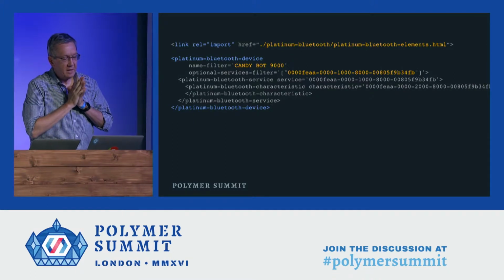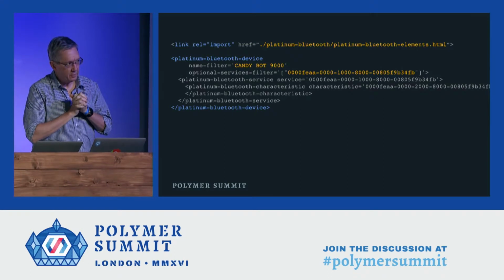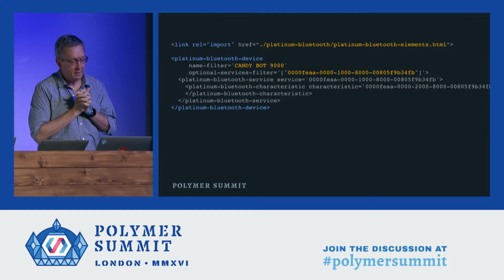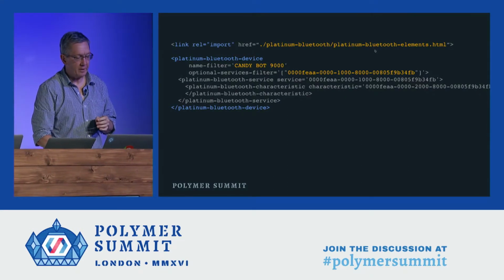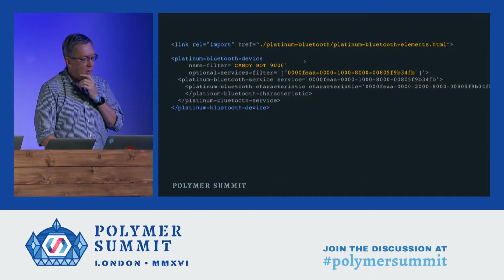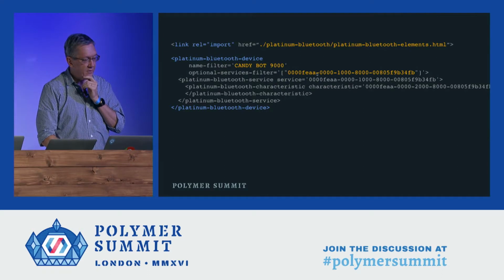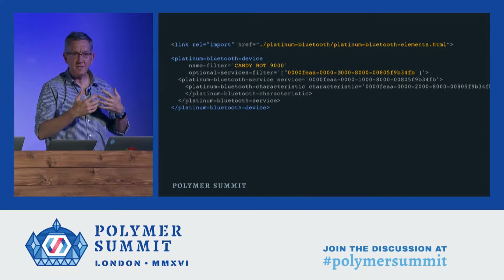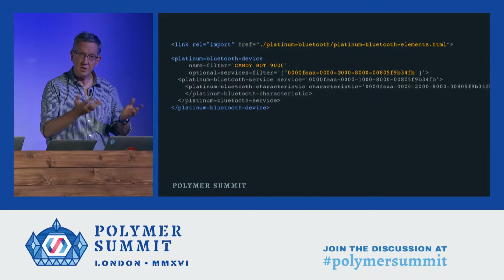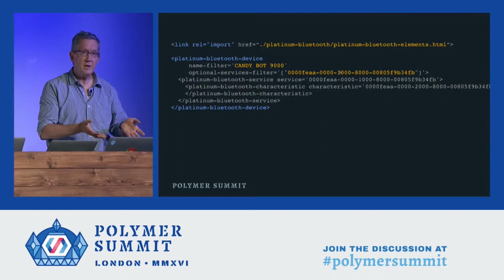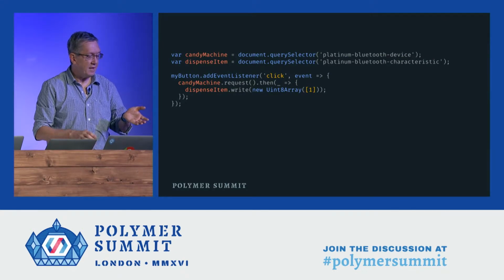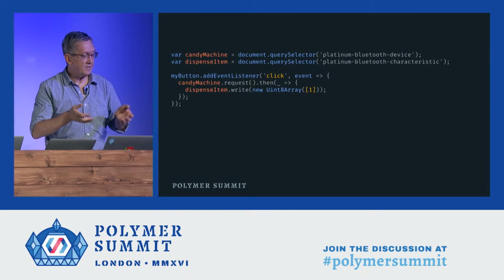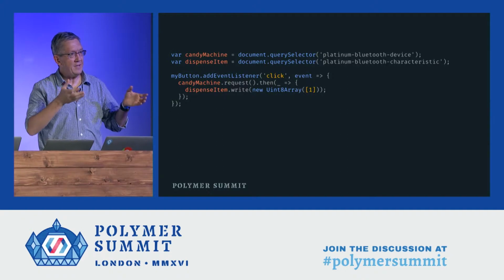The issue here is that this is really, really simple code, right? All we're doing is including the Platinum Bluetooth element right here. And then all we're specifying is the name and the GATT service. That creates this Bluetooth object using this Polymer element. So this is your declaration of the entire object. Then the code becomes as simple as creating 2 query selectors to get the actual Bluetooth device and the actual command.